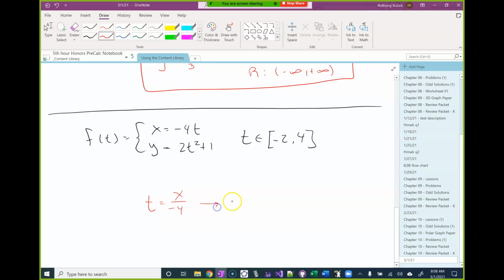And if I plug that into the y equation, I get x squared over 8 plus 1.